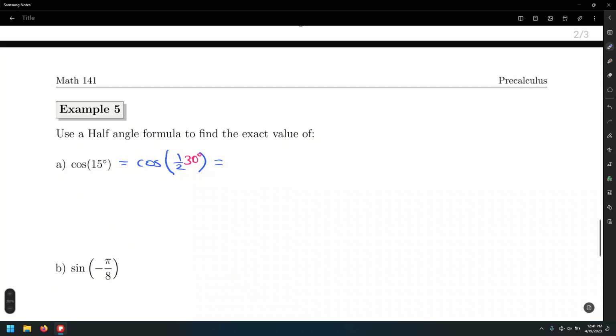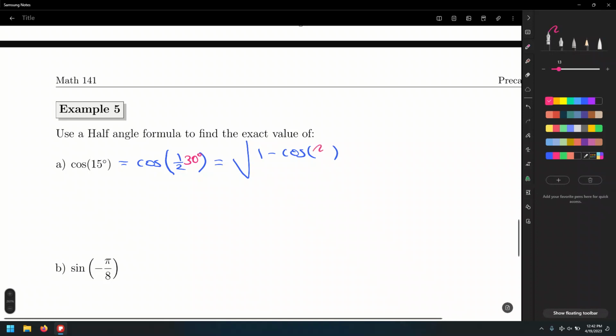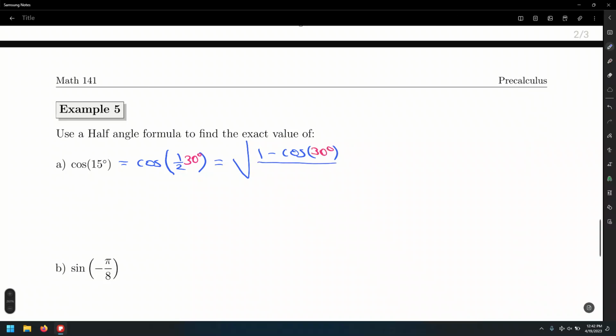That means all functions in the first quadrant are positive, so we will just take the positive version of it. And that's 1 minus cosine of, in red, just so you can connect this, 30 over 2. How about we compute this? Cosine of 30 degrees, isn't that 1/2, I believe? 1/2?